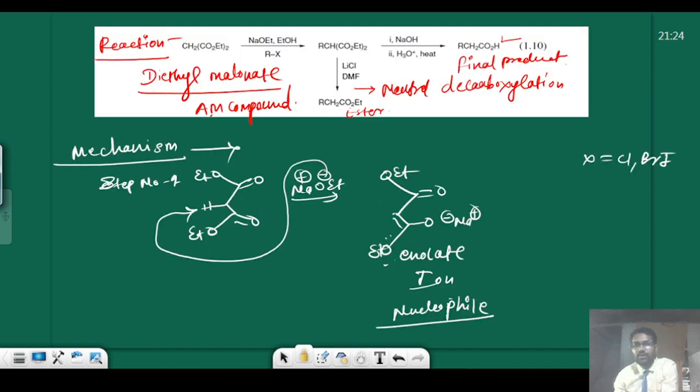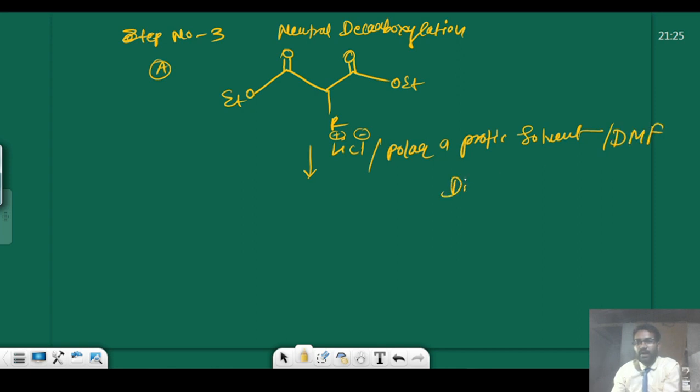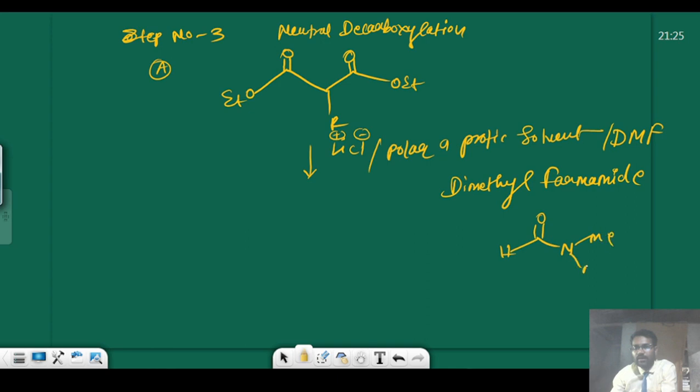It takes place in the presence of a polar aprotic solvent, DMF, dimethylformamide. The structure of dimethylformamide is C double bond O, H, and N with two methyl groups, N,N-dimethylformamide.